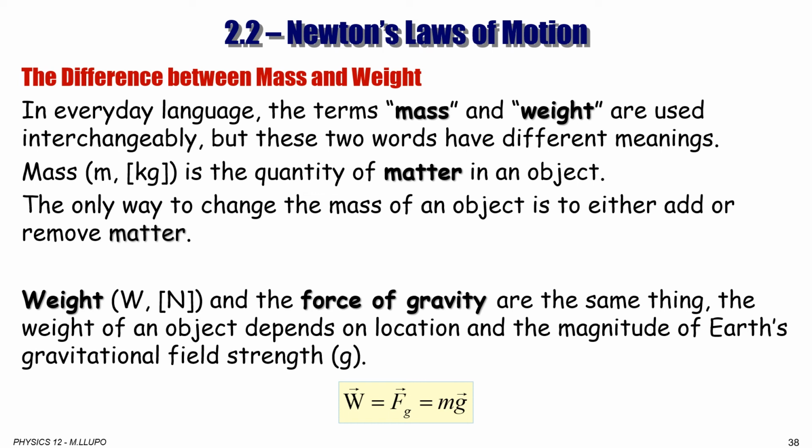The weight of the object depends on location and the magnitude of Earth's gravitational field strength, g, or gravitational acceleration. So the weight is equal to the force of gravity, which is equal to mass times gravitational acceleration, or gravitational field strength.